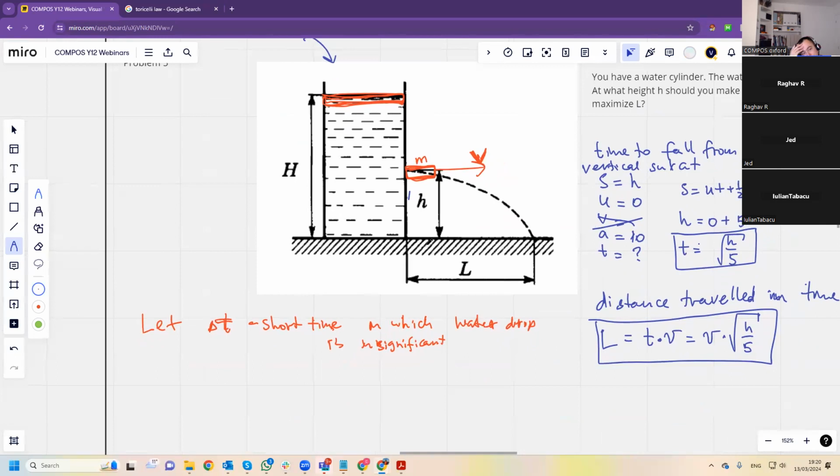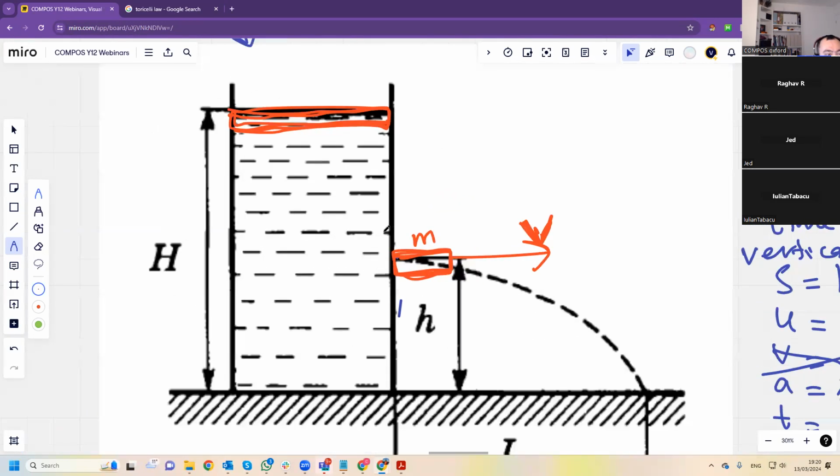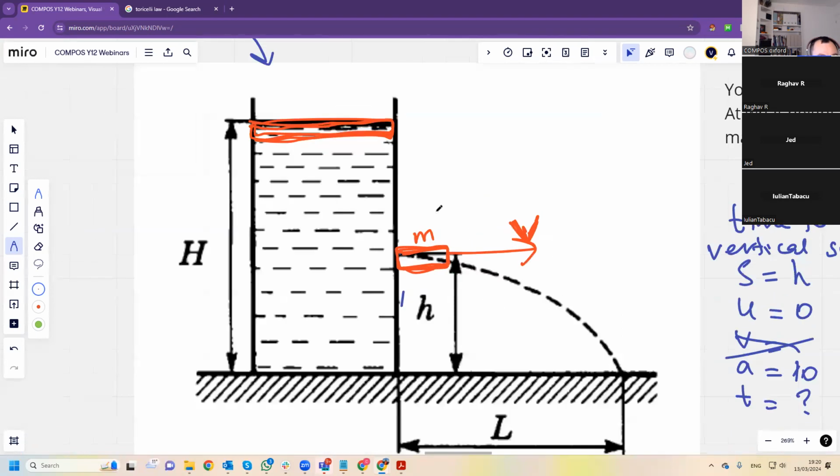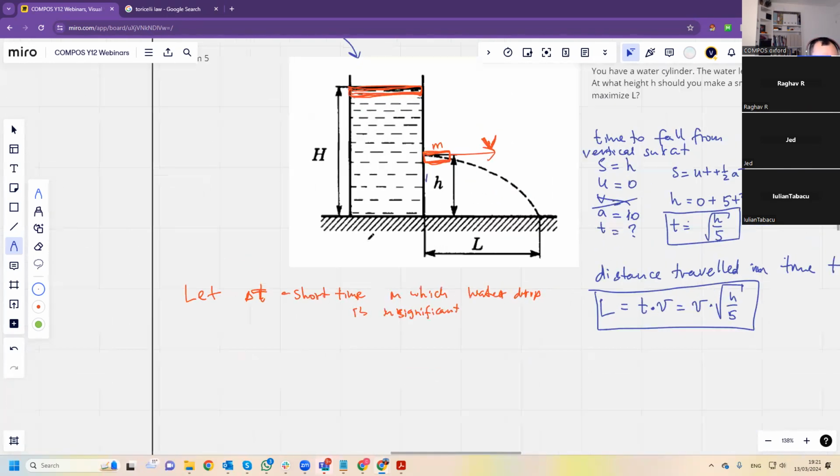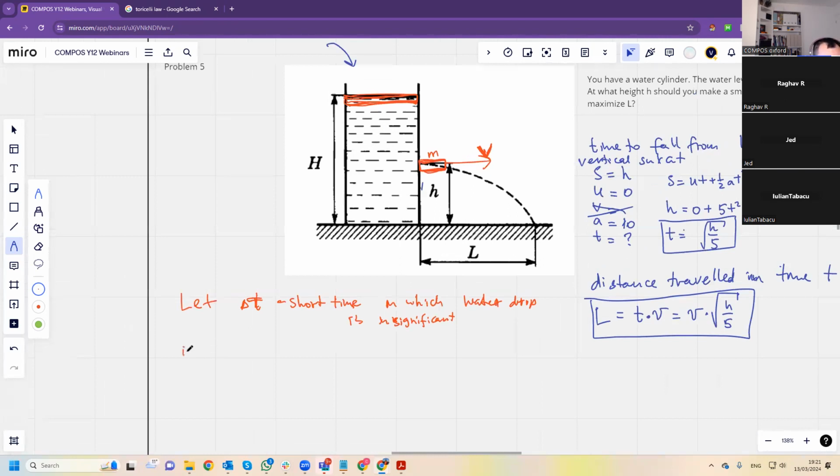I'm just thinking how to put it this way. In that very short time, a mass, let's call it delta m, of water left the nozzle.